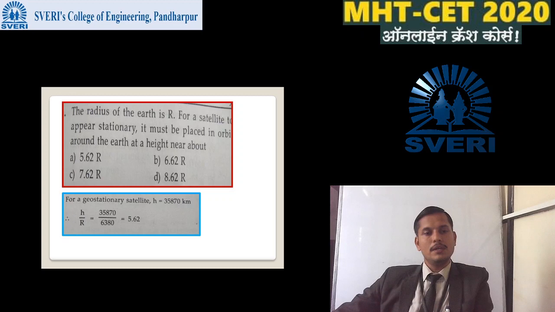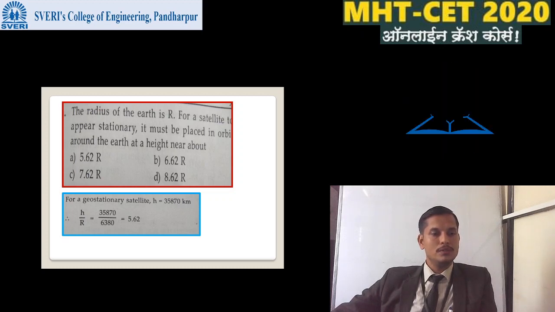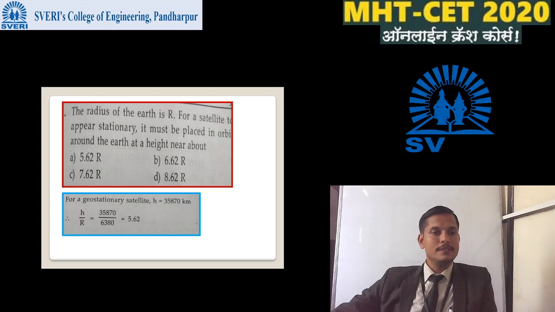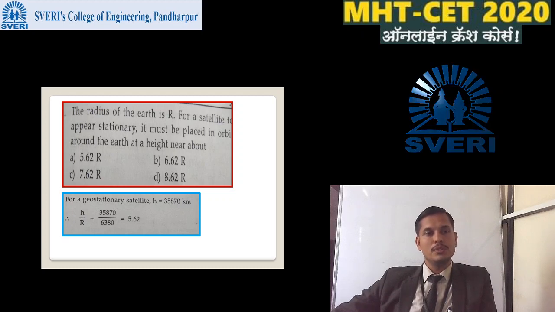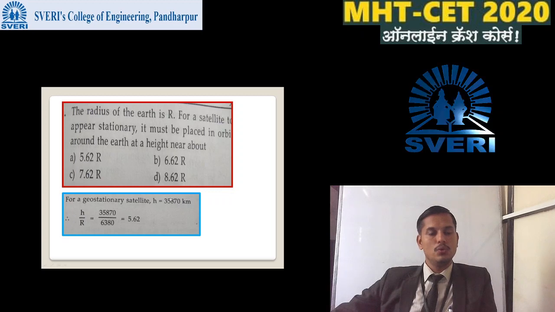It is 36,000, but accurately it is 35,870 km. So simply we are taking the ratio, h divided by R, which is 35,870 divided by 6380, the radius of the Earth, which is equal to 5.62. So for MCQs like this, we have to know the basic values.